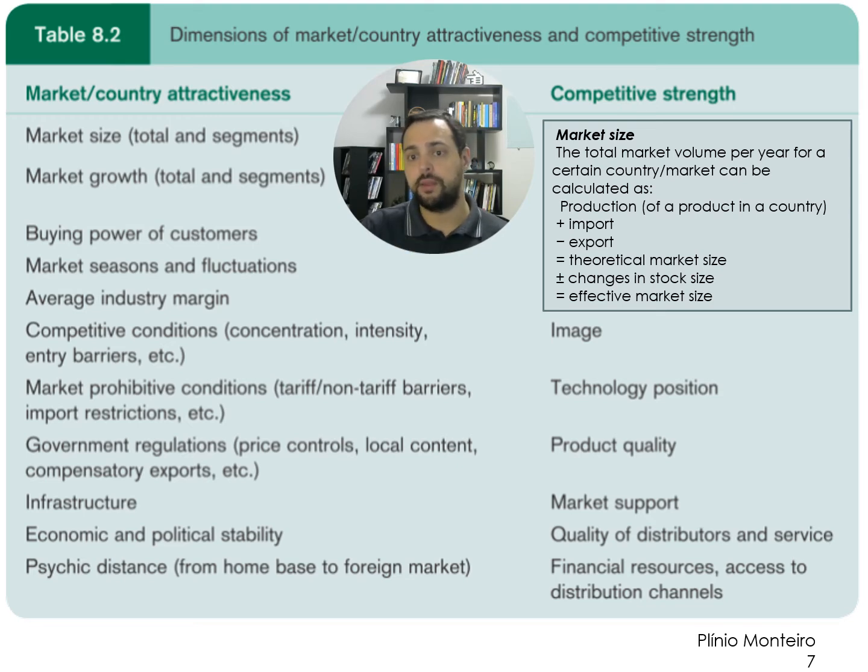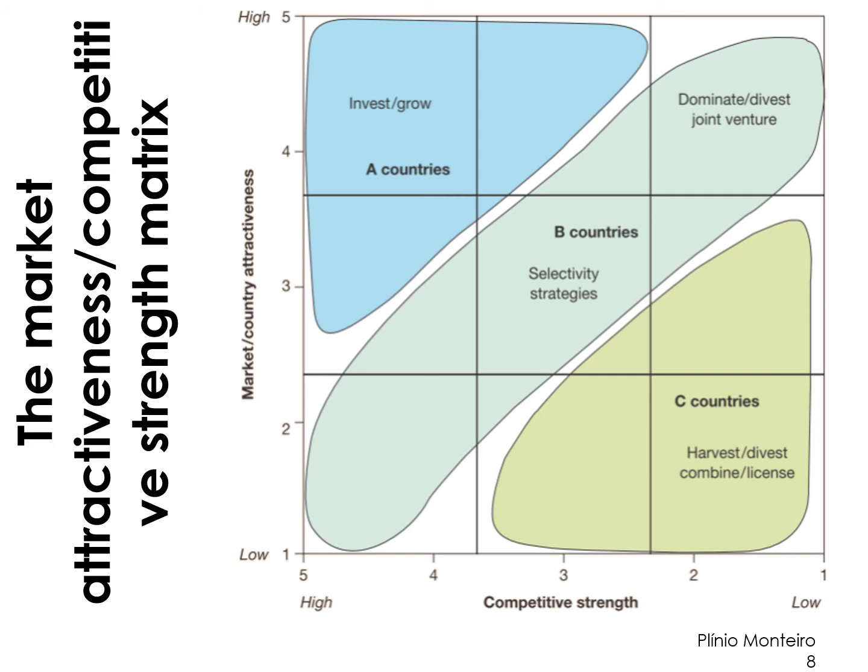So production plus imports less exports is the theoretical size of the market in that country. If you have additional information about stock, the change in the stock size in that country, then you have the effective market size.